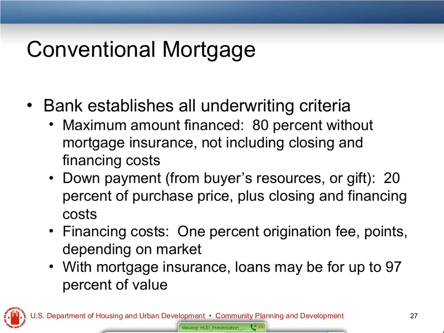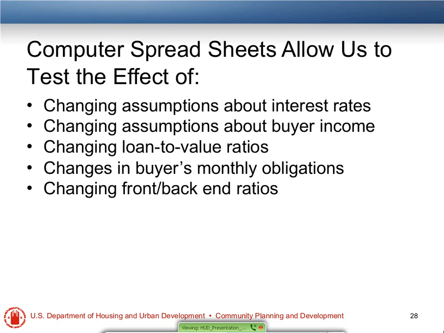Again, with mortgage insurance, the home buyer could qualify for a larger percentage of financing, maybe up to 97%, because the risk is really being transferred to another party through private mortgage insurance or one of the government-backed security programs.